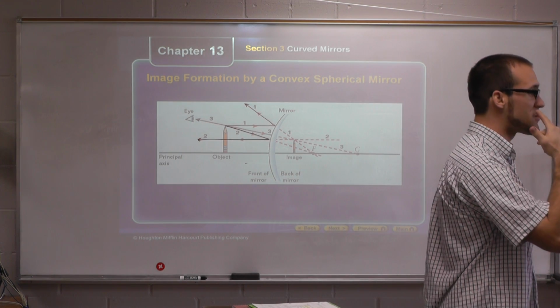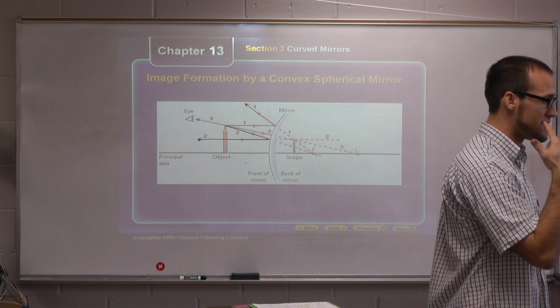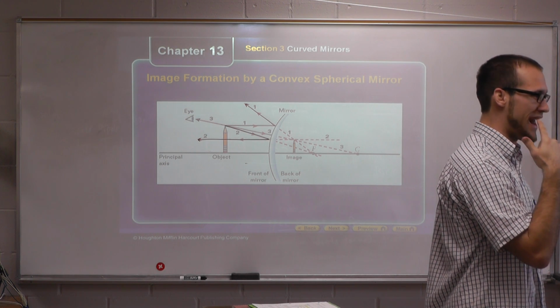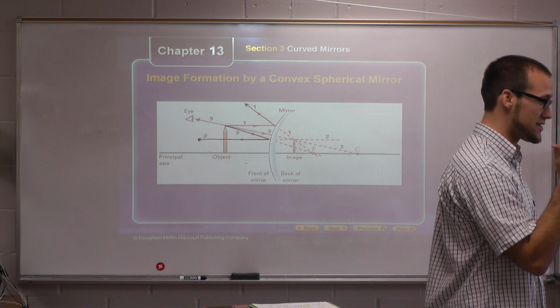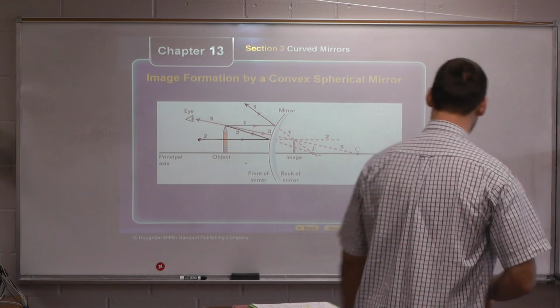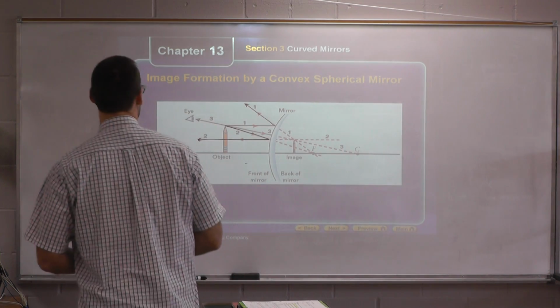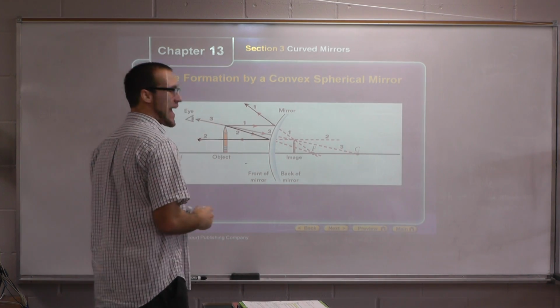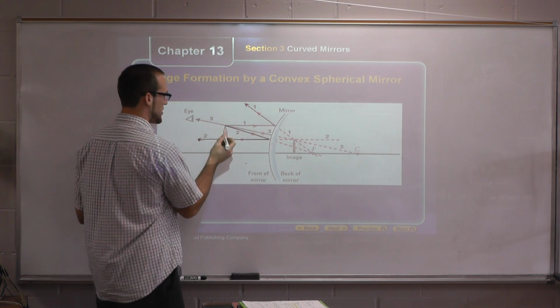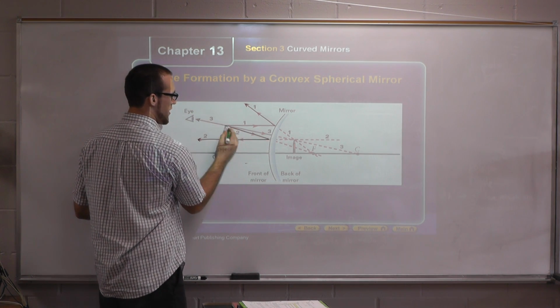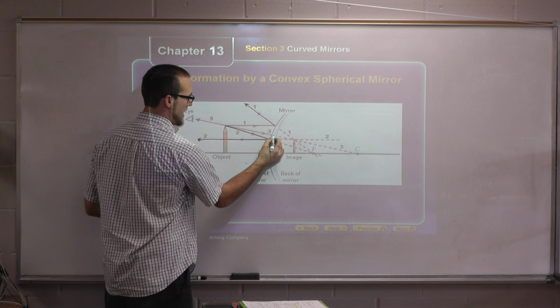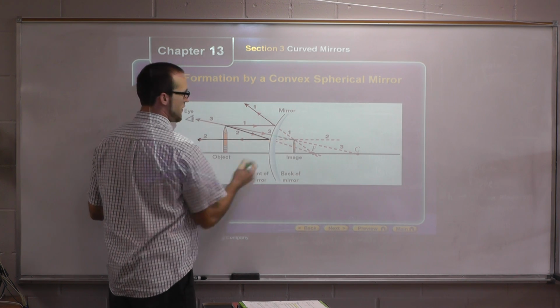Well, your eyes are going to see the light, correct? And if your eyes see the light, it had to come from an object. So what your brain actually does is converge it back. The light from here, your brain says, came from there.